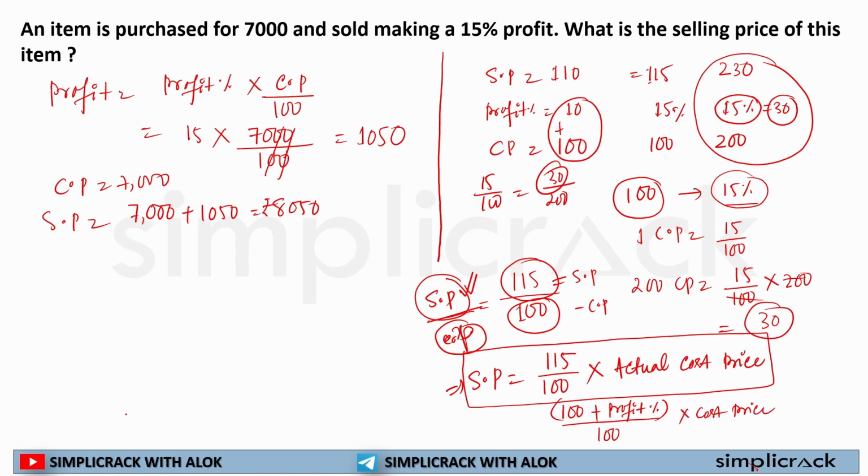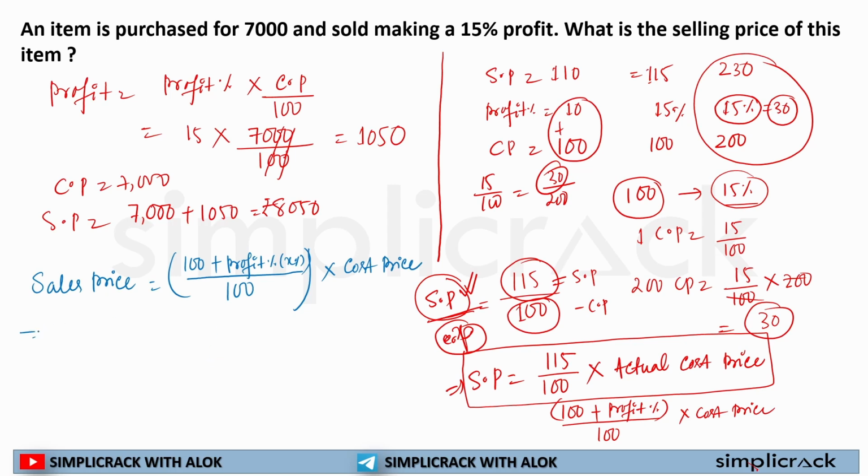So if a question like this is given and you have to find out the sales price of it, you will simply do 100 plus the profit percentage, that is the x%, divided by 100, multiplied by the cost price, and you will get your answer.